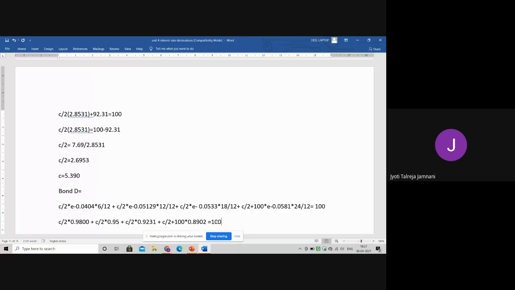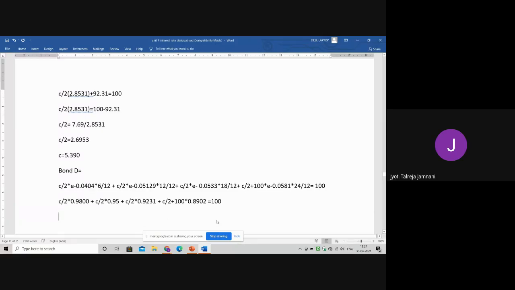Now if we add all this, and 100 into 0.8902 is 89.02, if we take it that side, we'll get C by 2 into 0.98 plus 0.95 plus 0.9231 plus 0.8902, which is 3.7433, is equal to 100 minus 89.02.